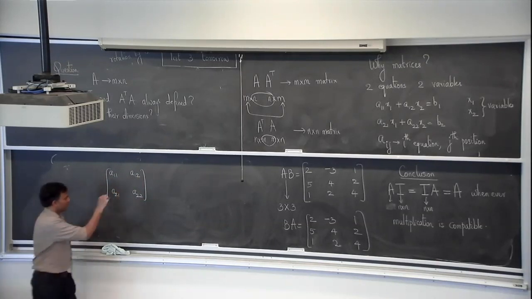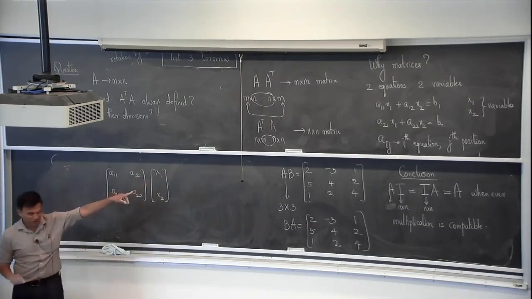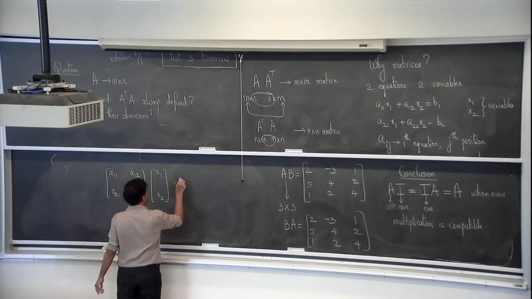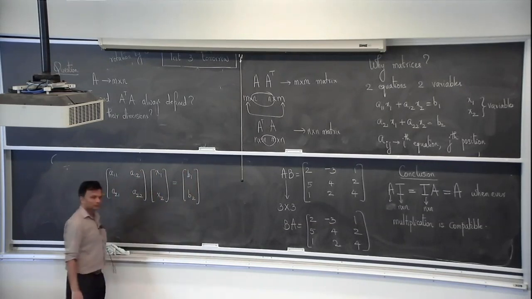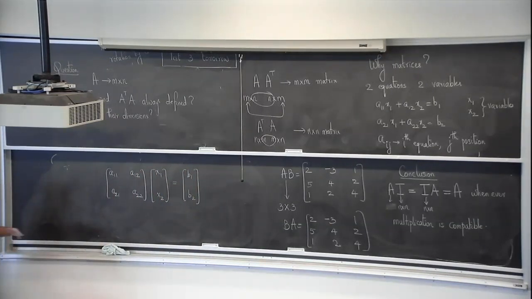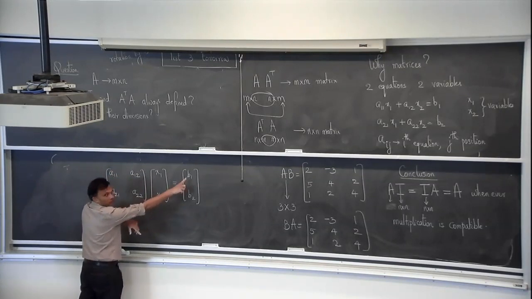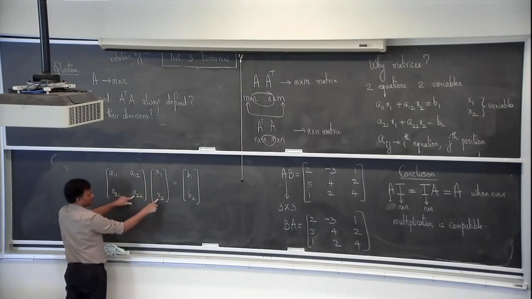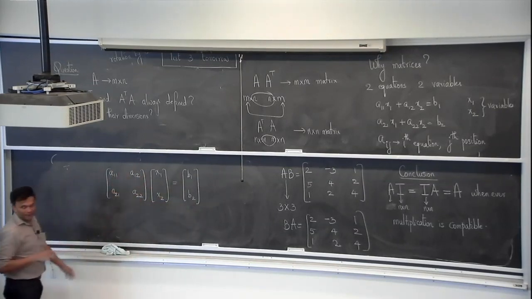Times your vector of unknowns, which is x1, x2, equal to the right hand side, which we know: b1, b2. If you understood the matrix multiplication that we just did, this should make sense. You have a11 x1 plus a12 x2 equal to b1, and a21 x1 plus a22 x2 equal to b2. So this is the same as what you did there.